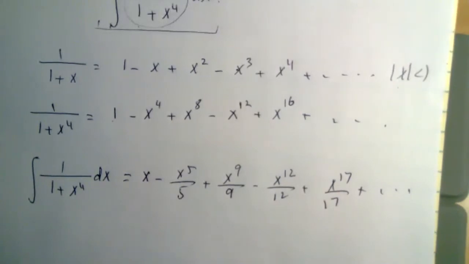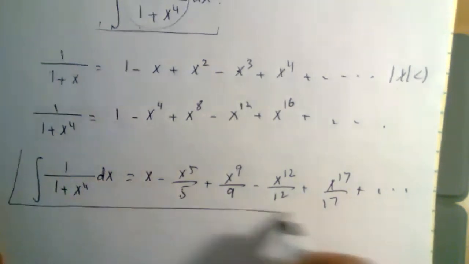So that's one of the major applications of power series: being able to find antiderivatives of functions whose antiderivatives cannot be expressed in terms of simple functions. So that's the first use.